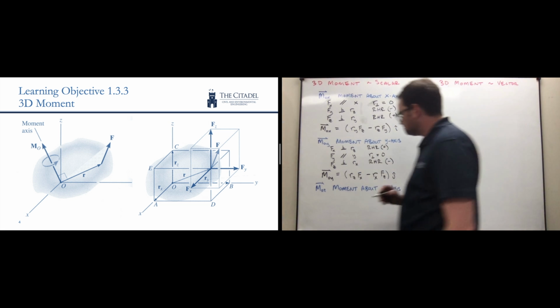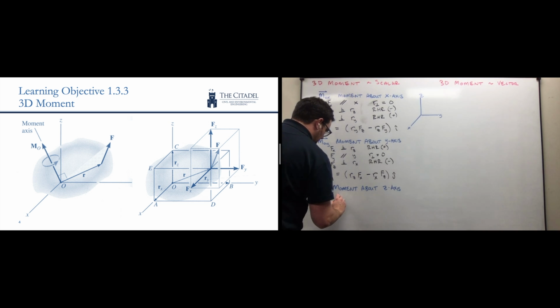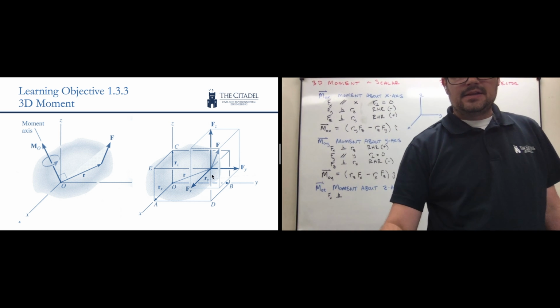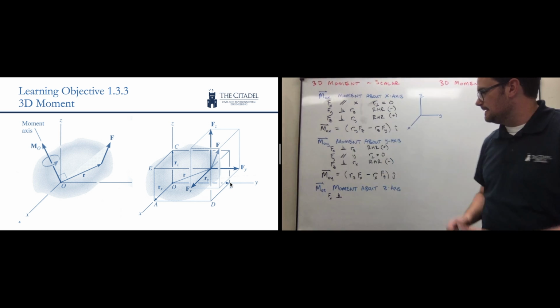Let's do one more about the z-axis. So Fx, let's figure out what its perpendicular distance is. I bet you can tell already just by the pattern. So here's my force Fx. My z-axis is what I'm looking for back here. So my line of action extends back. This is my perpendicular distance from the z-axis, which means that my perpendicular distance is Ry.